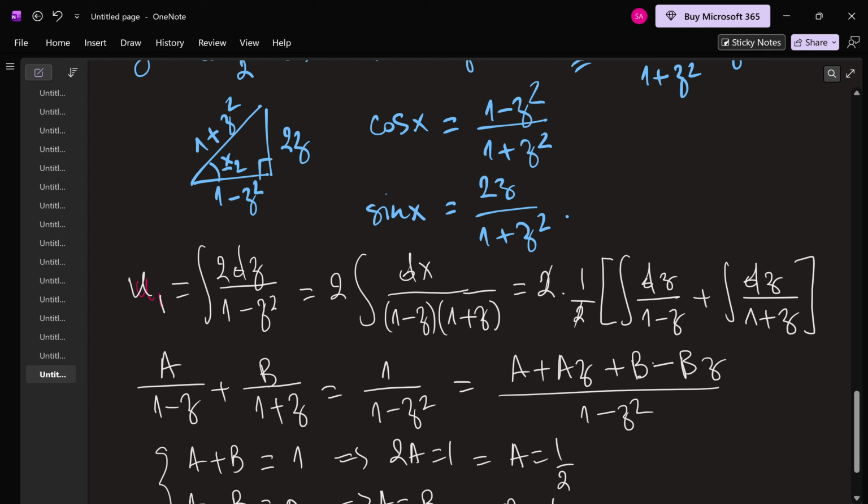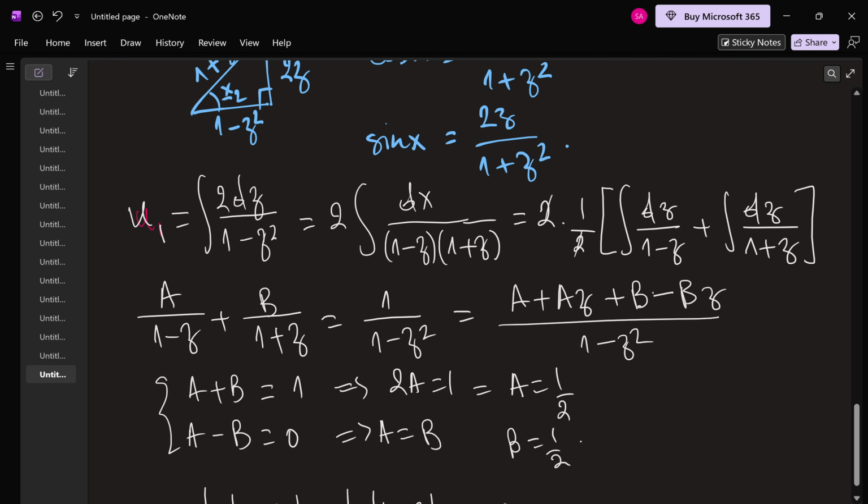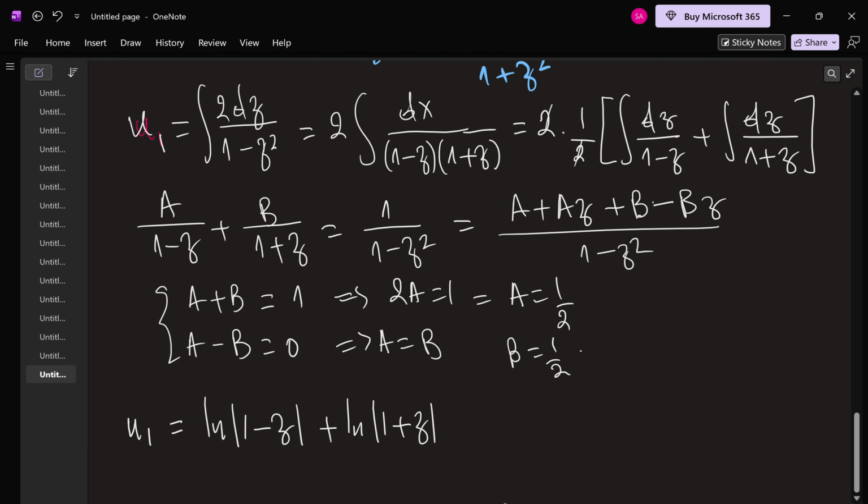So a over 1 minus z plus, if you do c, it is a plus a z plus b. So the sum is equal to 1 and a minus b is equal to 0. So a is equal to b. Okay.